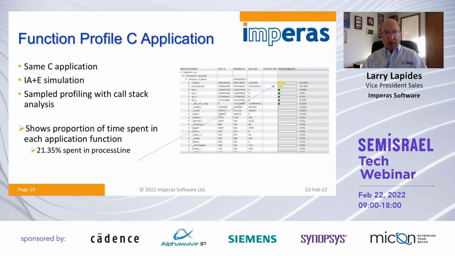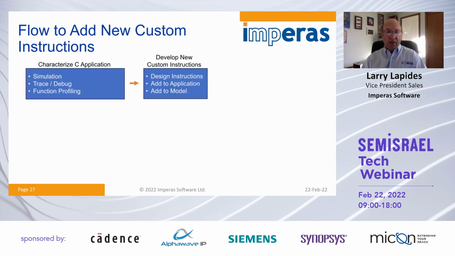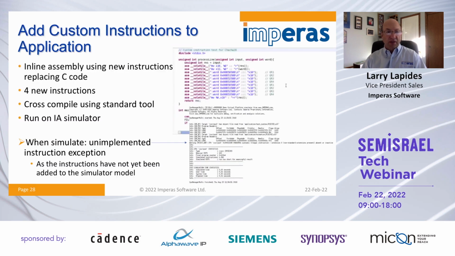So what we're actually doing here, this is a real example where we're adding cha-cha-20 encryption instructions to the RISC-V processor. So now we're going to develop these new custom instructions.